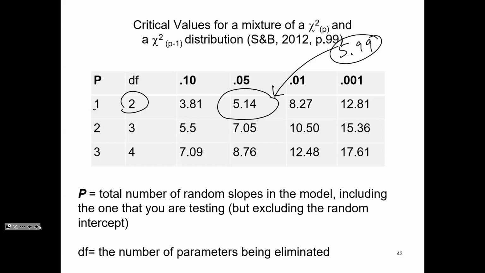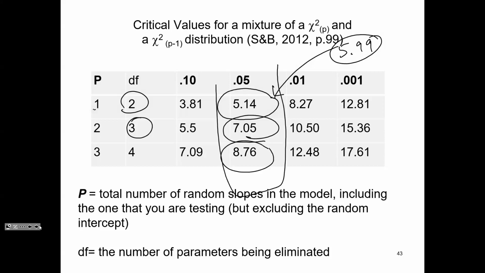So we adjust down to 5.14. If I have 2 slopes, now it's a 3 degree of freedom test because I'm going from 2 slopes to 1 slope. Instead of using 7.8 something, I should be using 7.05. Okay? And so all of these values are a little smaller than the critical values of chi-square.